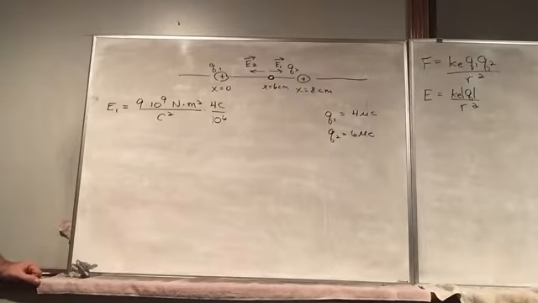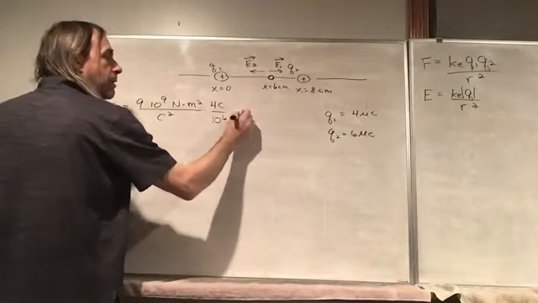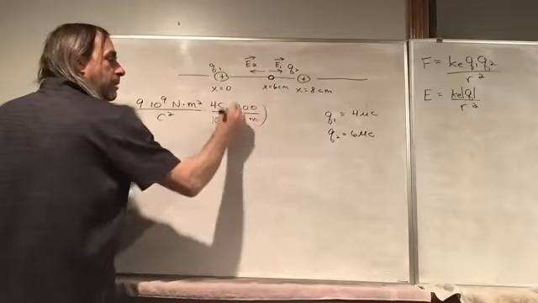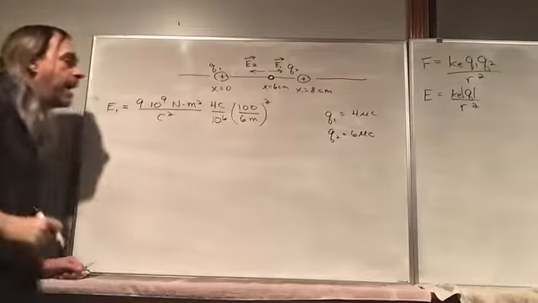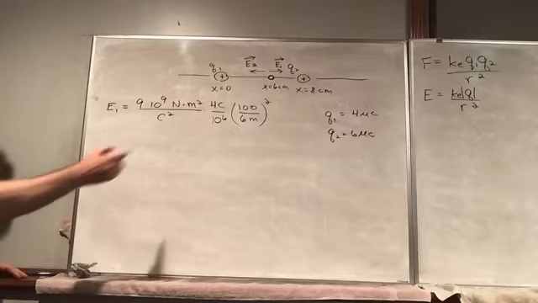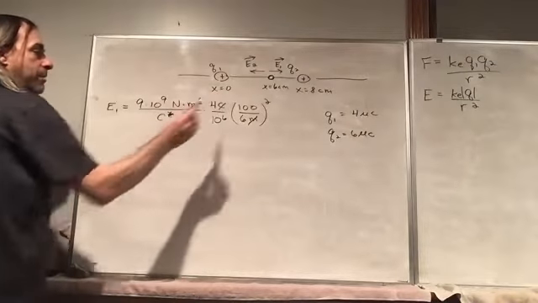And then the distance from x equals 0 to x equals 6 is 6 centimeters, and we square that. So we'll get newtons over coulomb out of this. Yeah, the meters squared cancel out. One of the coulombs cancels out.